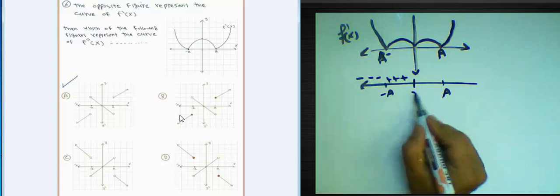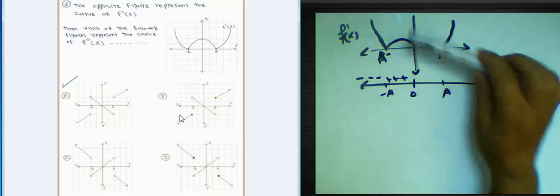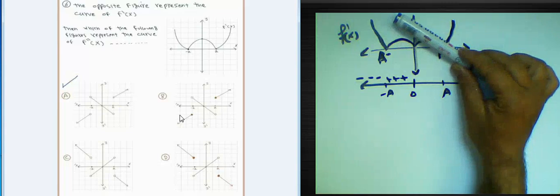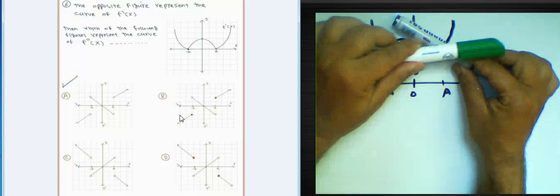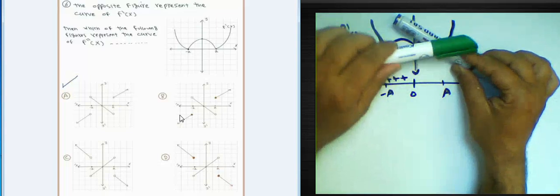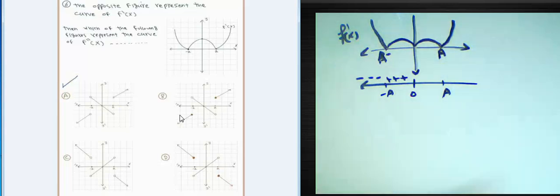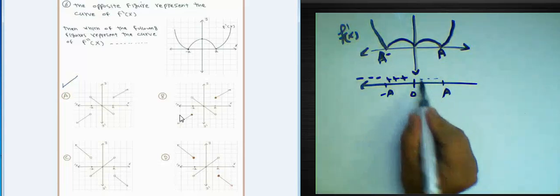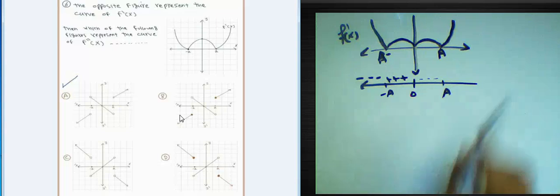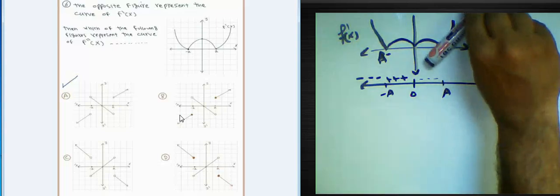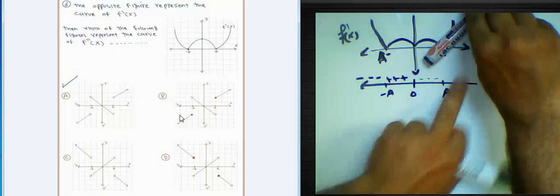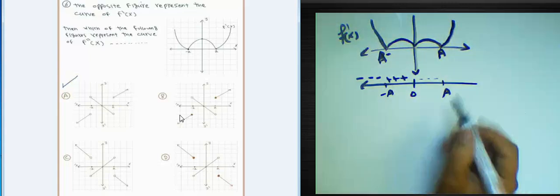And here 0. And for the curve here, the slope of this curve makes an obtuse angle with the x-axis. Obtuse means the sign will be negative, and the slope here makes an acute angle, meaning positive.